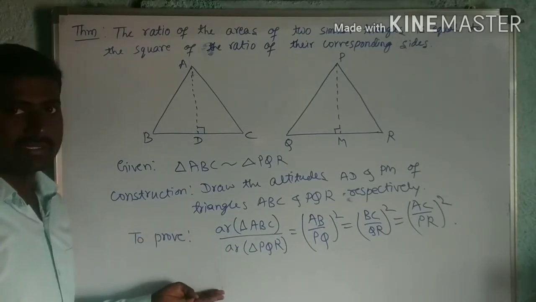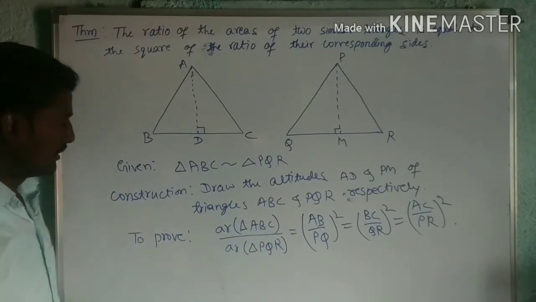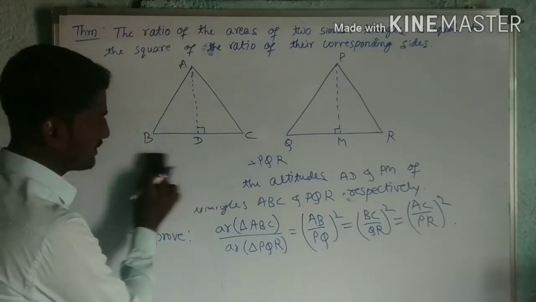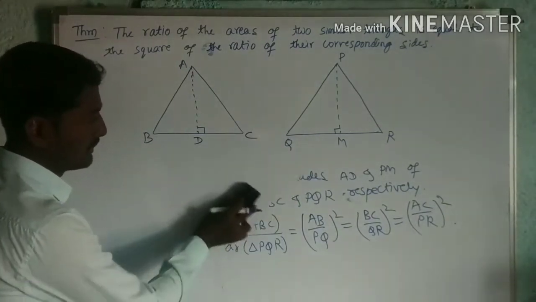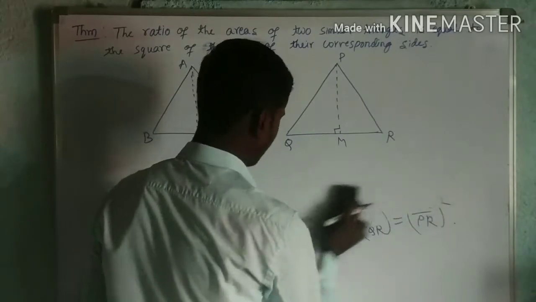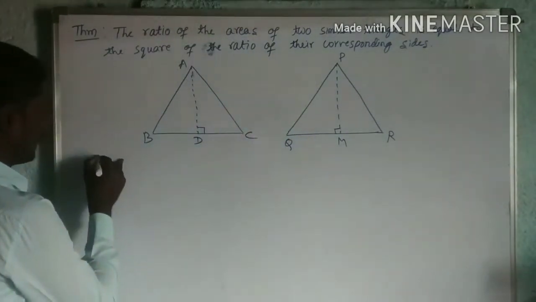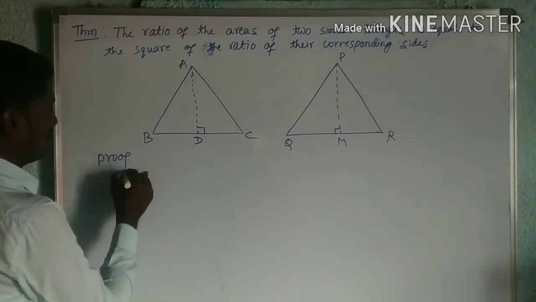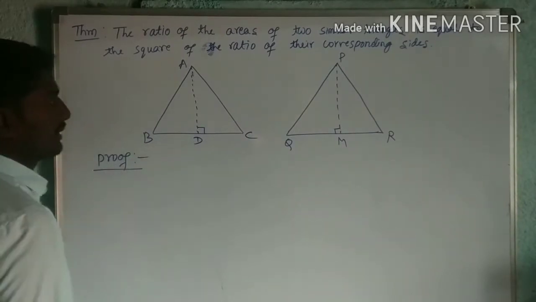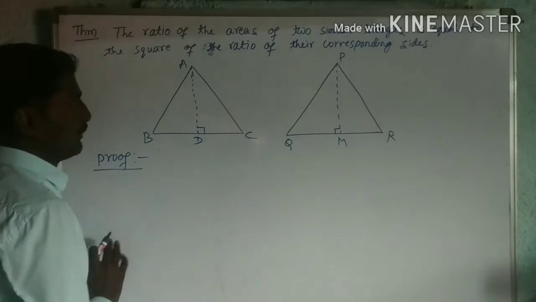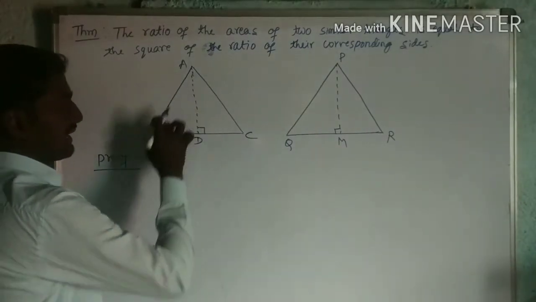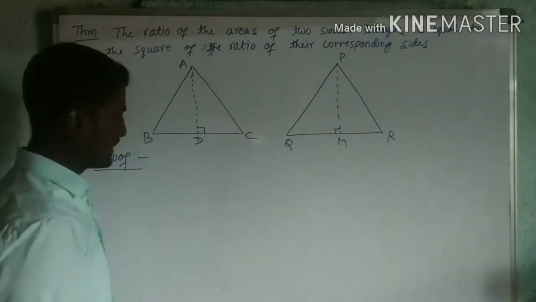Now first you copy this. Now I'll draw. Let us go for the proof. In the proof, they have given that triangle ABC and PQR are similar to each other.